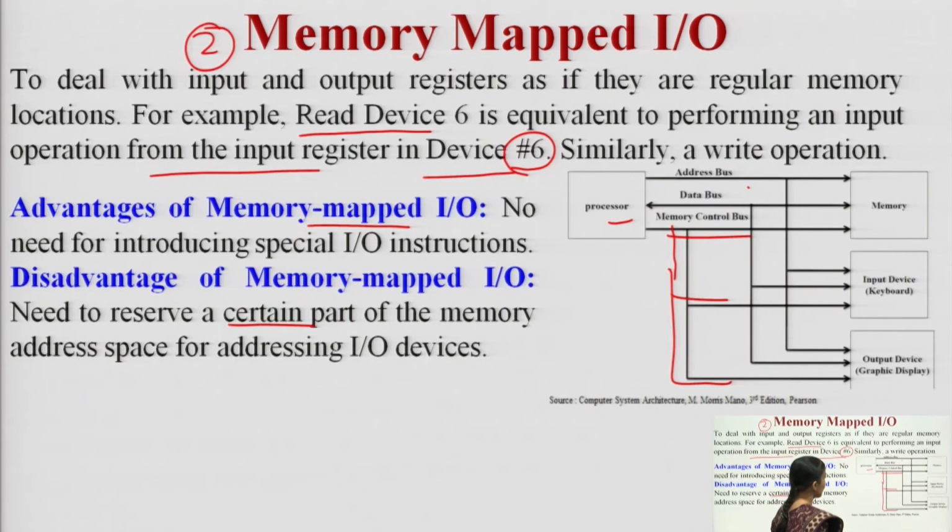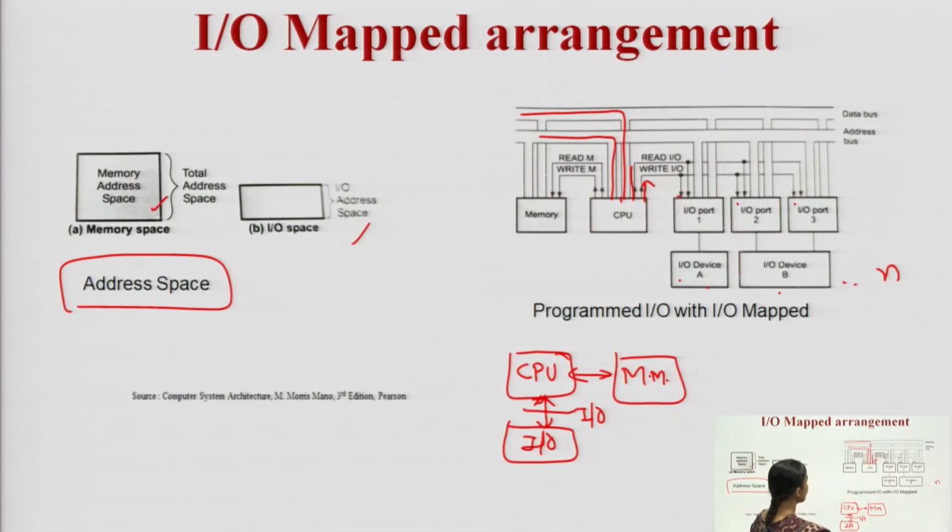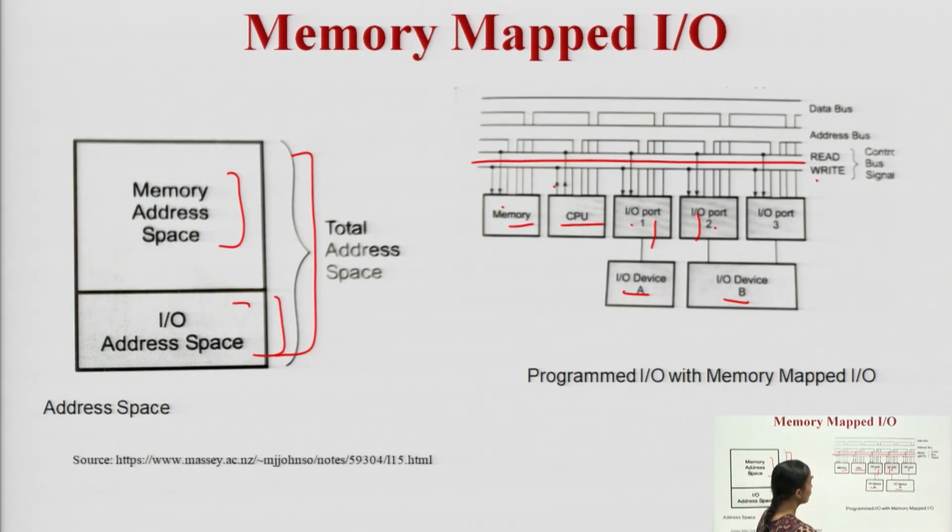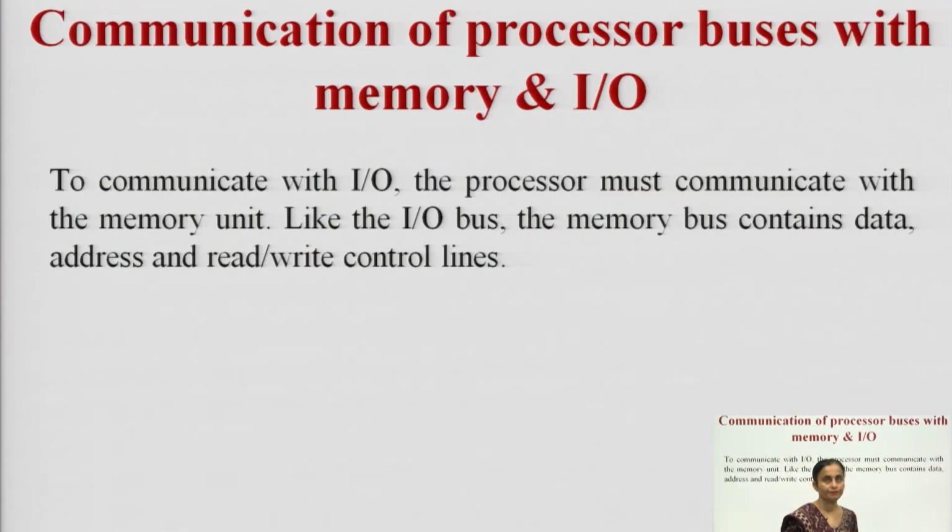But in our previous diagram we can see that it was different: the control signals were different for every device, and only the data and address bus were common. In this case, there is a common read and write control bus signal connected to memory and IO devices with the CPU.